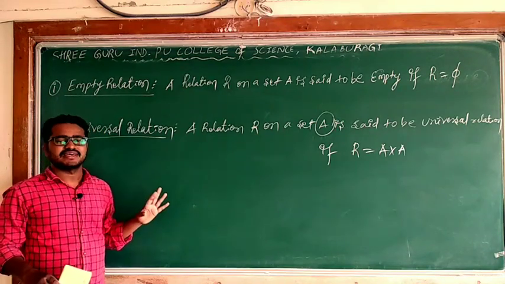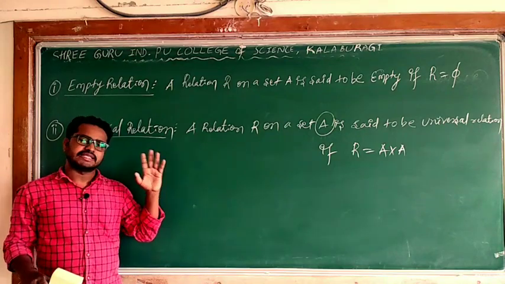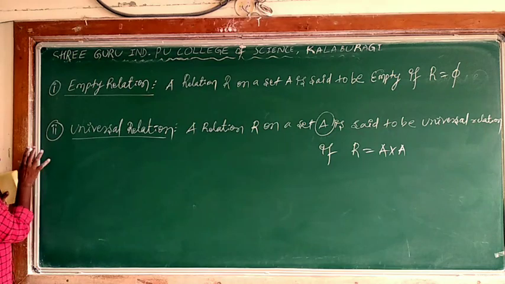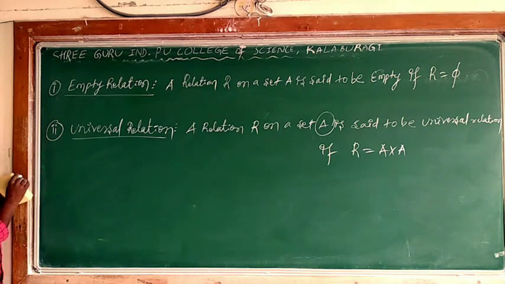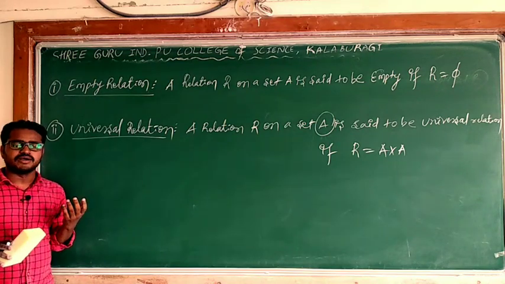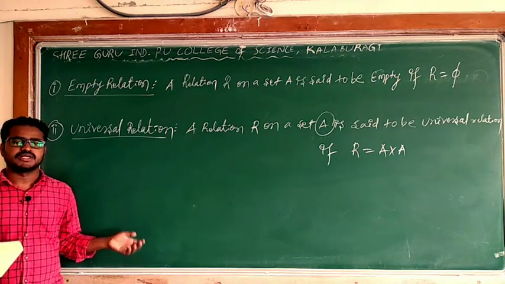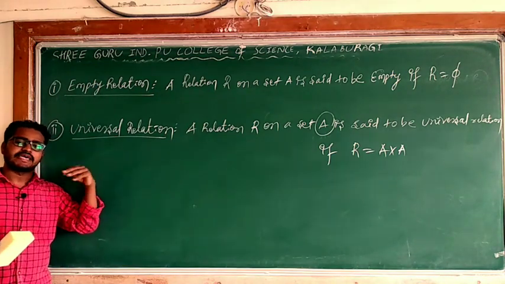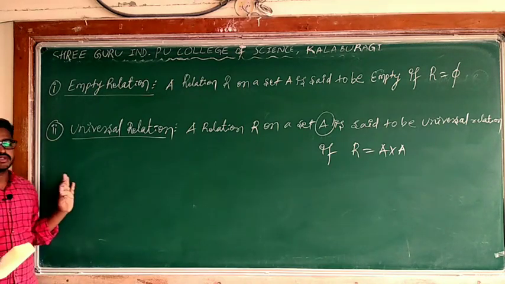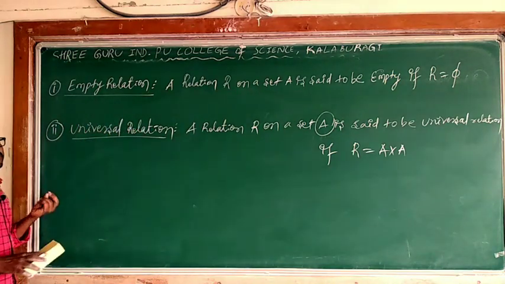These are two types of relation, empty relation and universal relation. We have still more, but those are beyond the syllabus of first year. In second year you will learn some more types of relations. Here only empty relation and universal relation are enough.